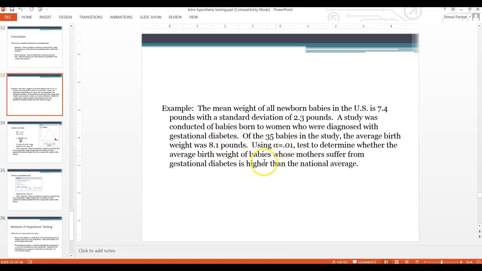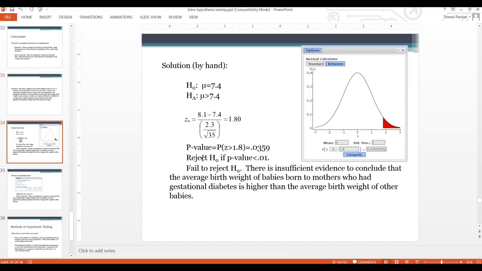So we want to know then, is the average birth weight of those babies higher than the national average? So we want to know, is it higher than the national average of 7.4? So that means our alternative hypothesis is going to be mu greater than 7.4. And that tells us that the null hypothesis is mu equals 7.4.